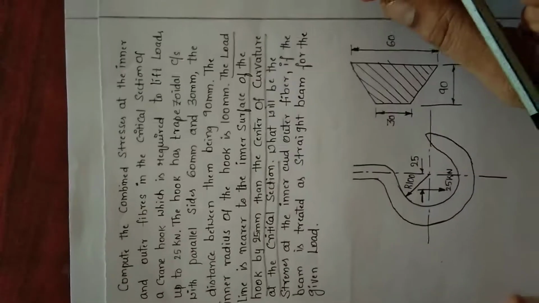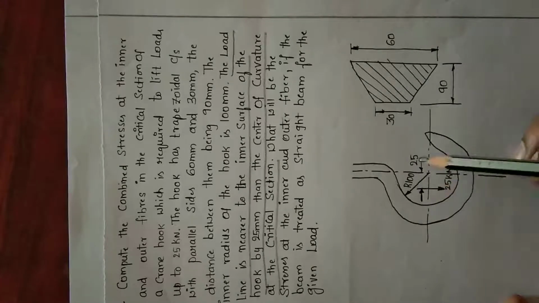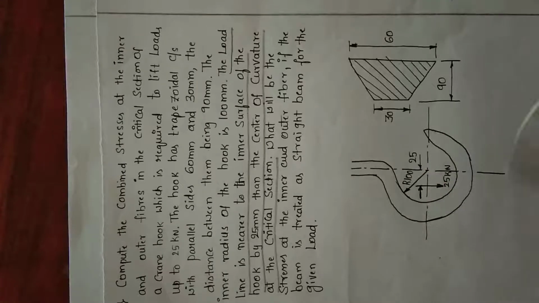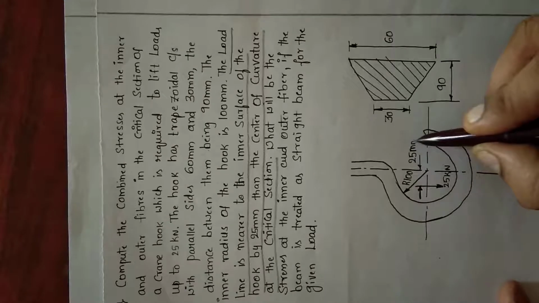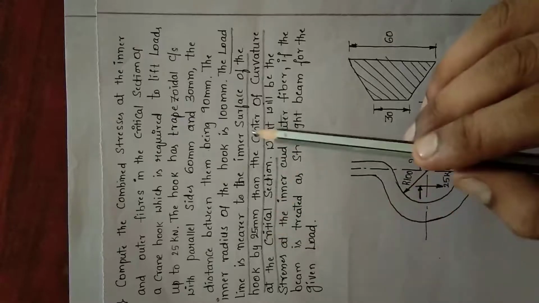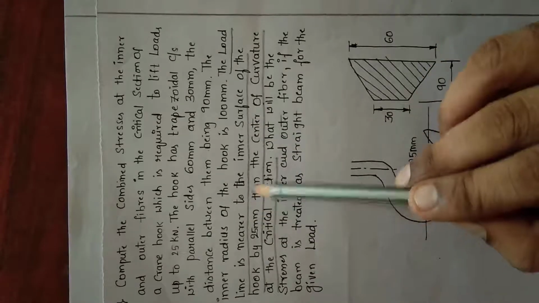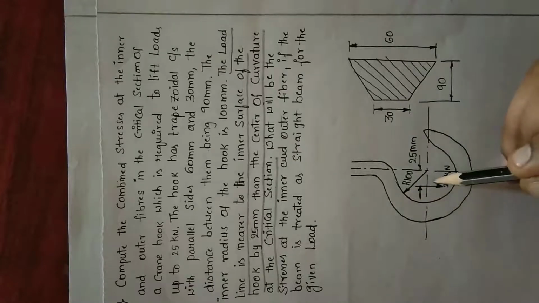So the load is at a distance of 25 mm nearer to the inner fiber, nearer to the inner surface of the hook.